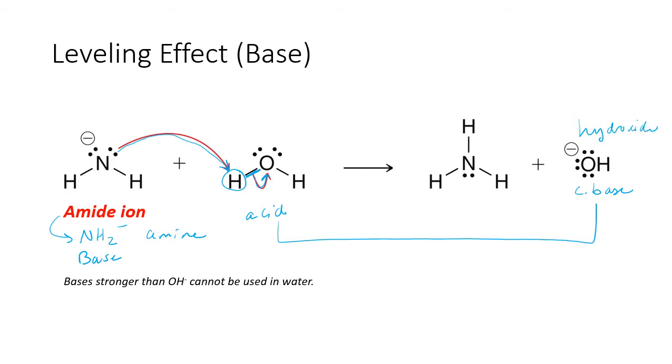Oxygen has a -1 formal charge in the hydroxide ion, and our amide ion became protonated, and when it became protonated, it formed its conjugate acid. And its conjugate acid, you can see, is NH3, which is ammonia. So in this case, our amide is a stronger base than our hydroxide ion is.